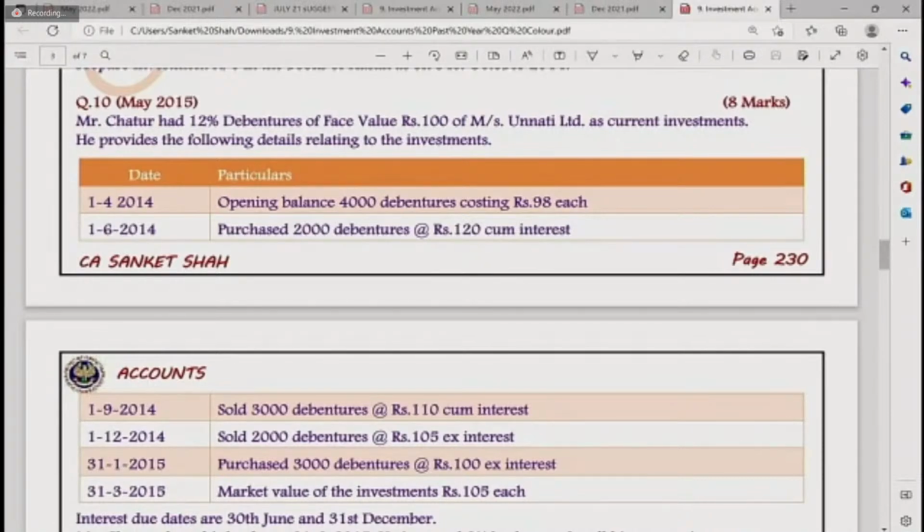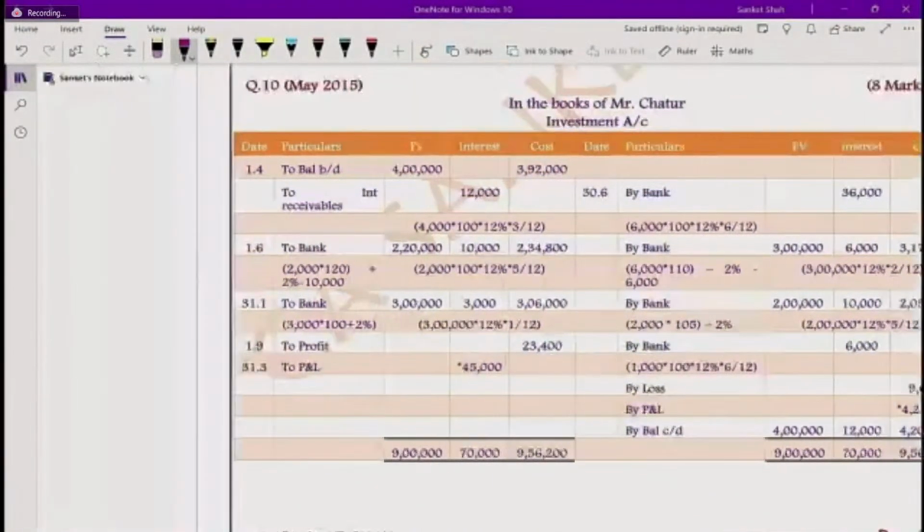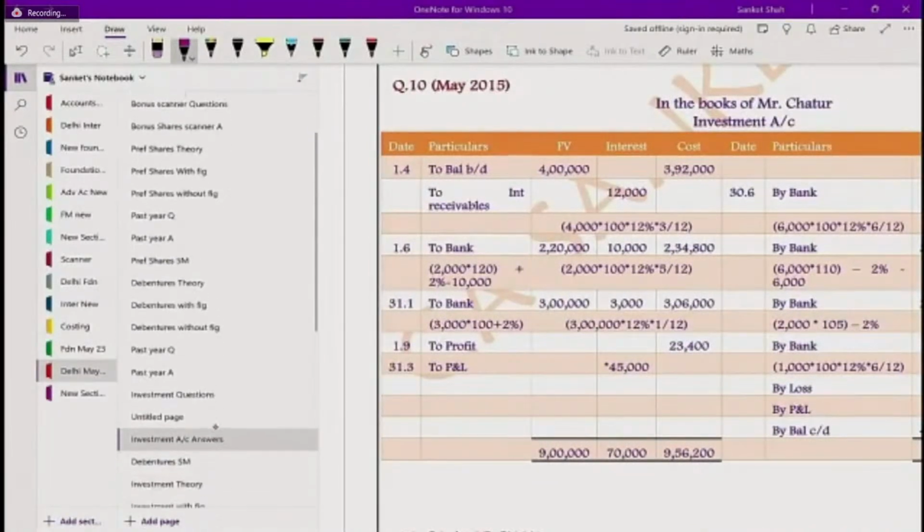Okay, yes, I will complete question number 10, FIFO method, no problem, FIFO method. So before break, question number 10.